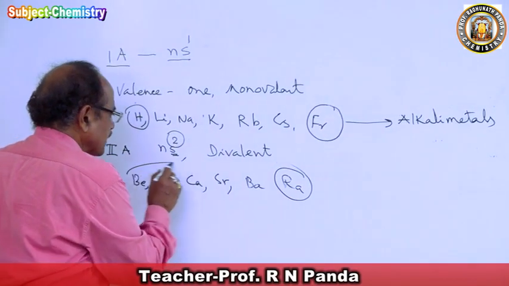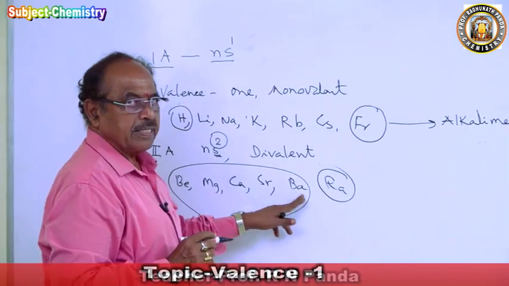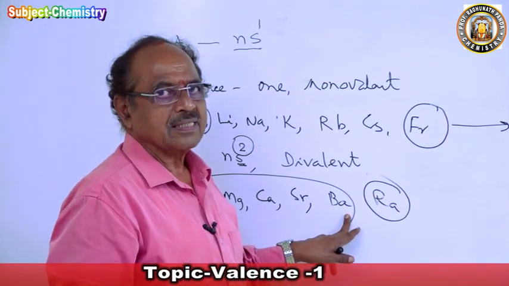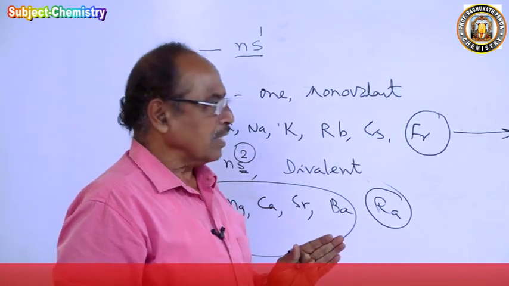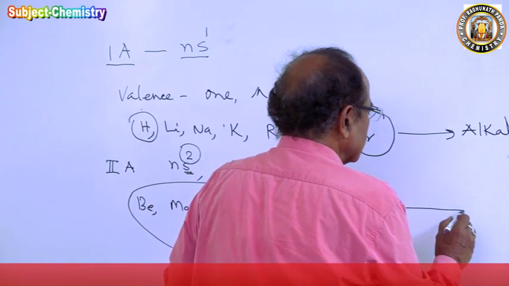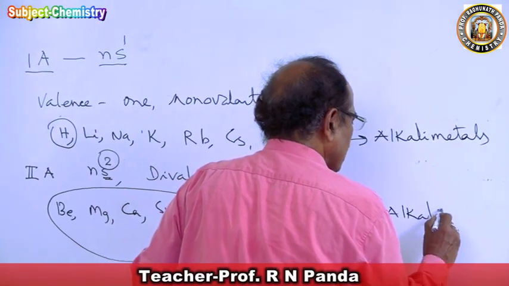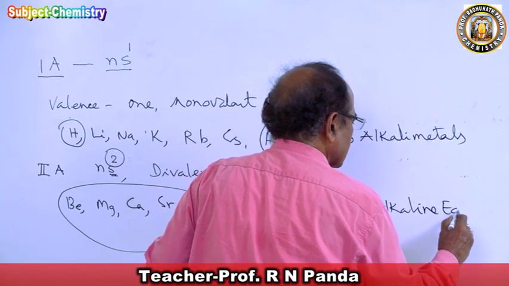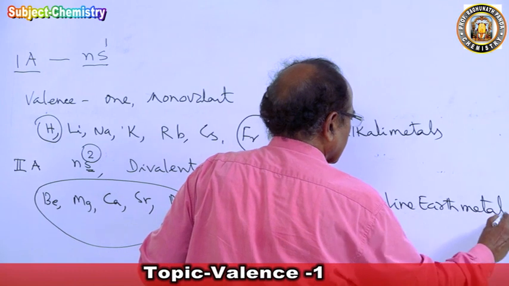And the elements beryllium, magnesium, calcium, strontium, barium occur in the earth, and their hydroxides are alkaline, and they have valency 2. They are called alkaline earth metals.